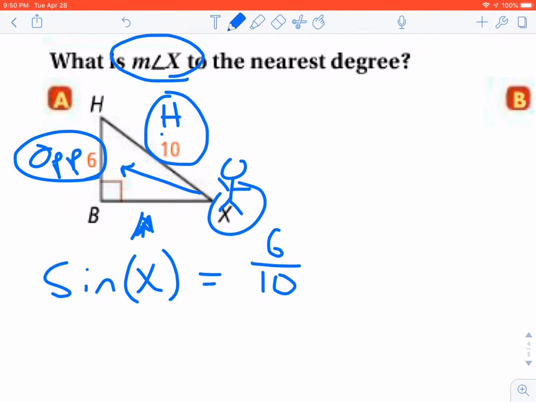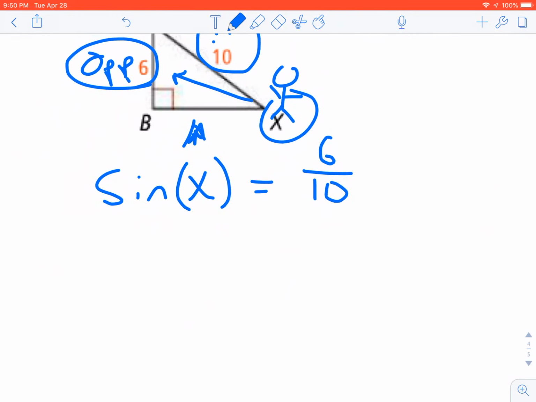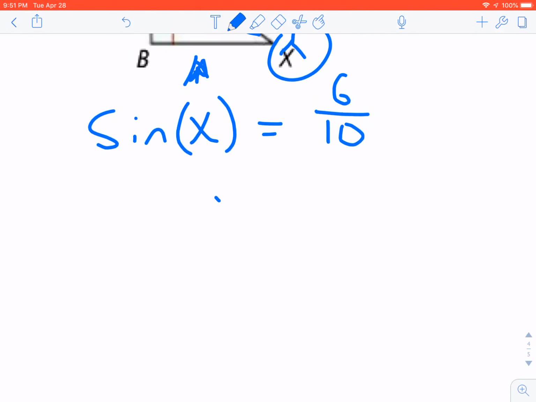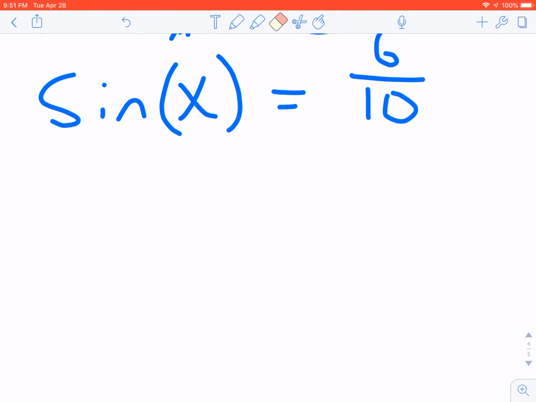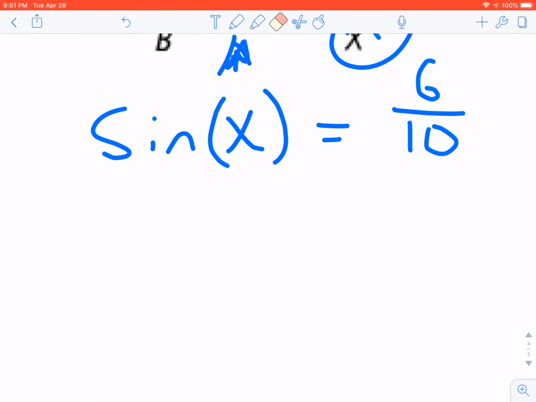Now, in traditional classroom settings, this confuses students, so it's probably going to be tricky when I explain this completely online here. But here's what we do, and this is very hard for kids to understand: when you're taking the sine, the cosine, or the tangent of anything, it's an operation.